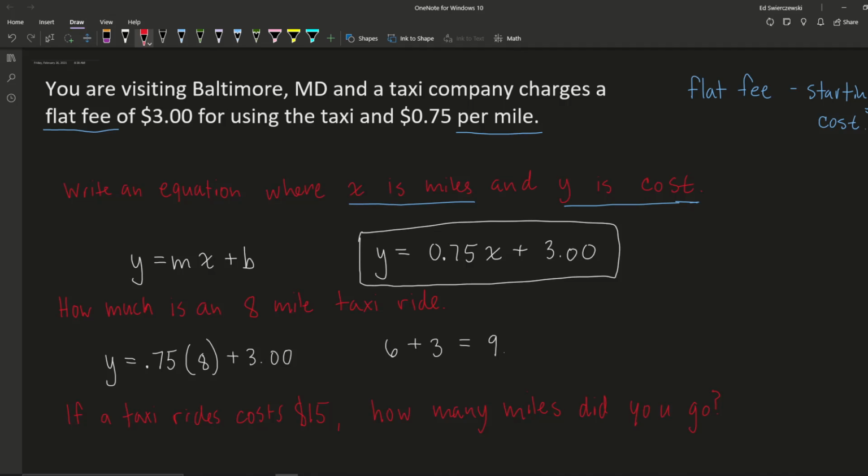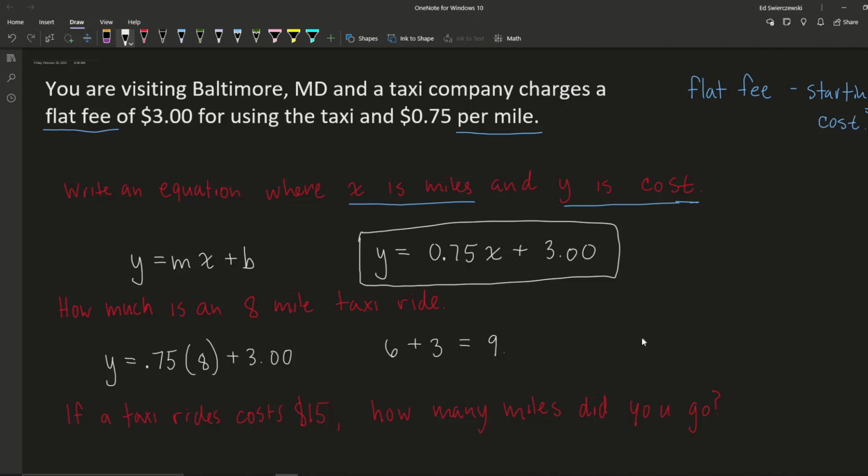So I encourage you to think about this. I'm given another number, $15, which is the cost. So I want you to think, am I going to plug that value in for x or for y? Yeah, and if you said that you plug it in for y, you are correct, because y is the cost.